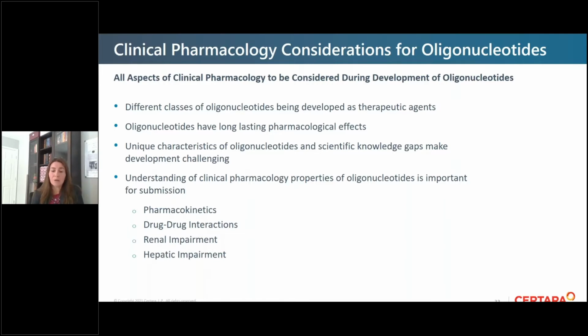So when developing oligonucleotides, it's important that you consider all aspects of clinical pharmacology, that you understand the PK properties of your drug and what can impact exposures, to better define and optimize the doses for patients. What I'll cover next in this presentation is a bit of the pharmacokinetic properties with some examples, the drug-drug interaction data, and then renal and hepatic impairment.